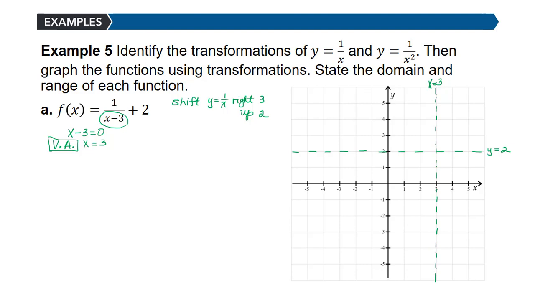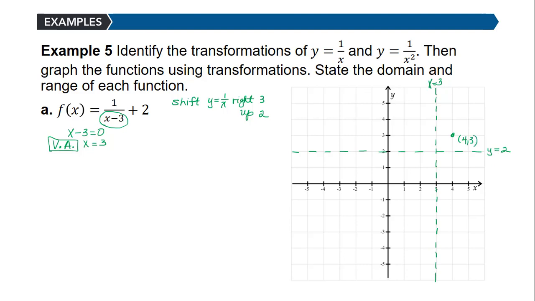Now there is no reflection, so that means that the way the graph was going up or down is going to stay the same on the sides of these asymptotes. Now if you want to think about a key point, the point 1, 1 was on the original graph. So to shift it right 3 and up 2, so right 3, 1, 2, 3, and up 2, we'll take it to the point 4, 3.